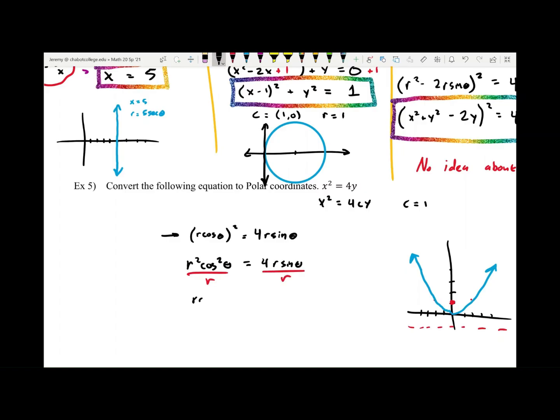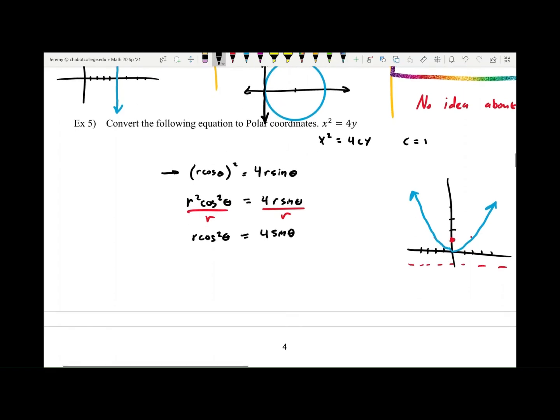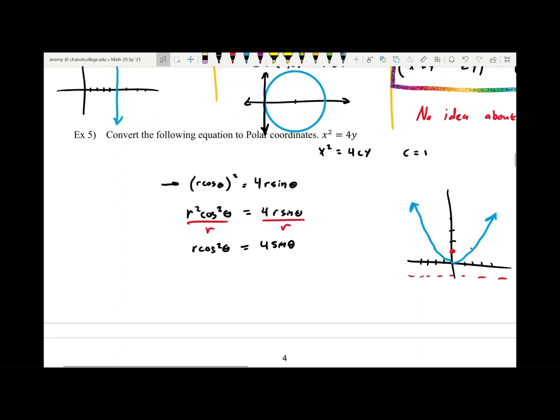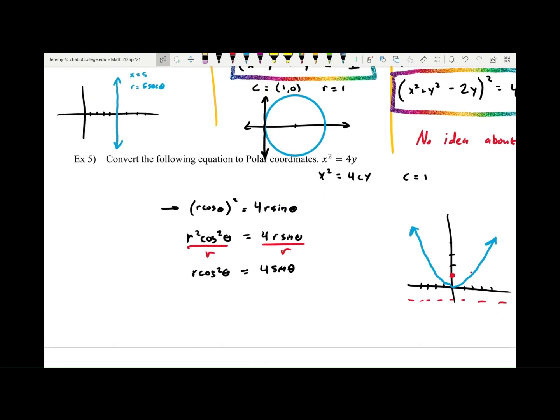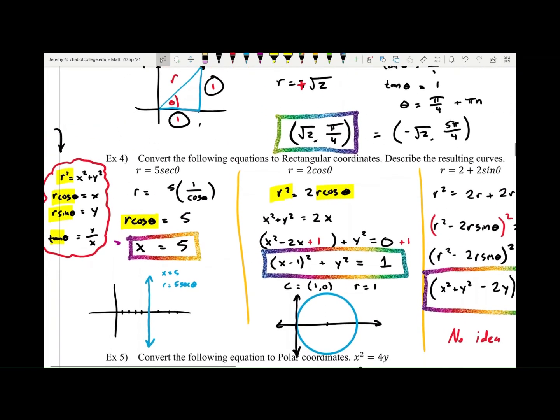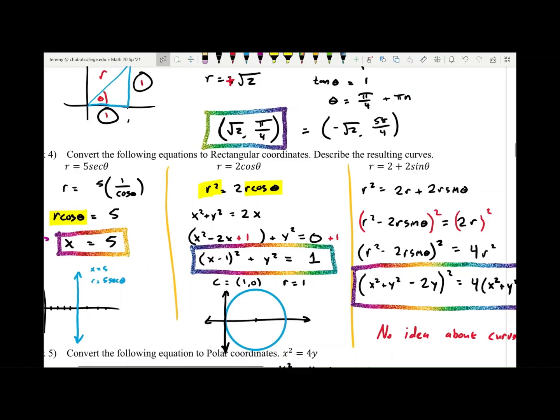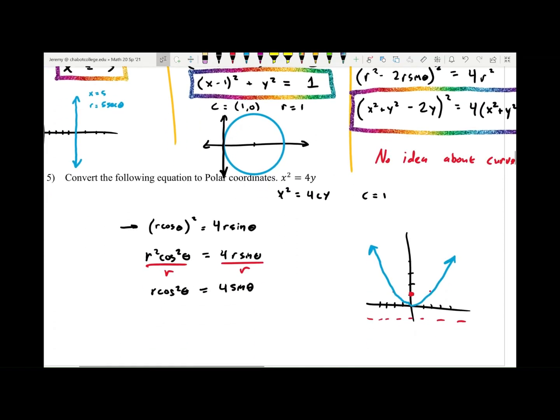And I get r cosine squared theta equals 4 sine theta. And the last thing I'm going to do is divide by cosine squared theta to solve for r. Okay, so r we're going to see behaves like our dependent variable. Notice that in these equations that we had an example for, r was isolated in all of these. So, dividing by cosine squared.